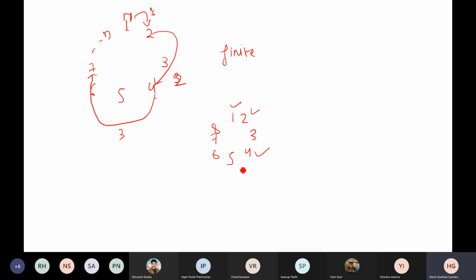Then I'll visit 4. Then I will visit 7. Then at the seventh move, I have to move by 4, so 8, 1, 2, 3. I'll visit 3. Then I have to move by 5, so I'll visit 8. So it goes on like this. We have to display whether we can visit all cells or not.